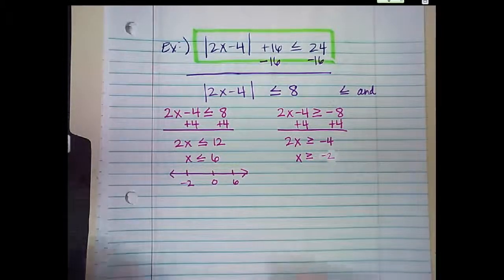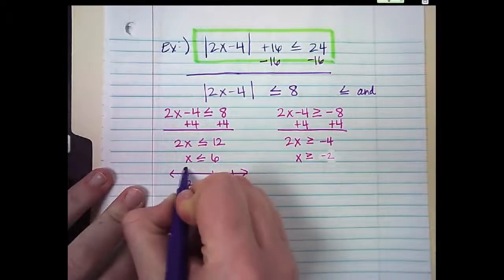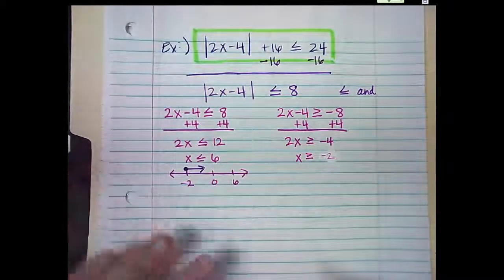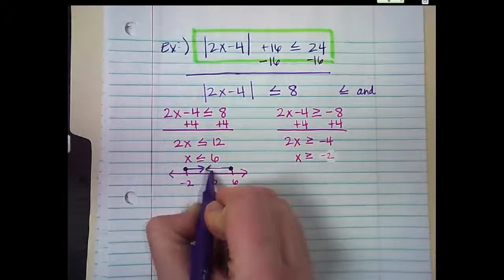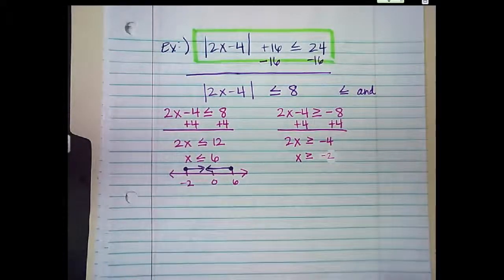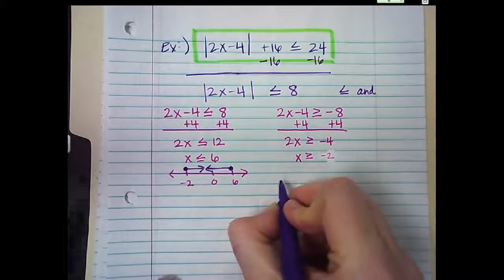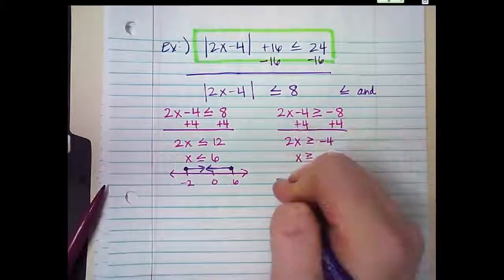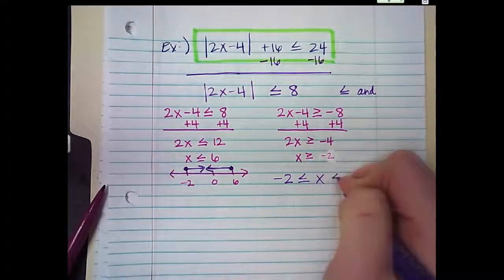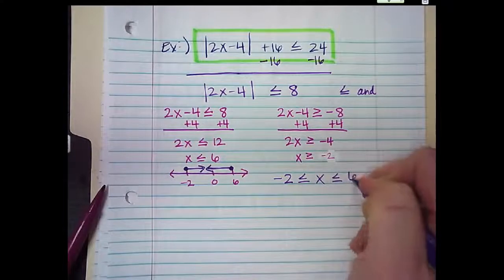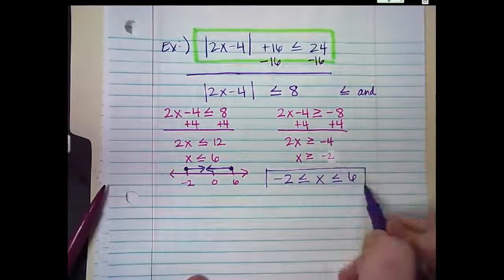So -2 is a closed circle going to the right. 6 is a closed circle going to the left, and so then they meet in the middle. Yeah, you could definitely draw one solid line. If you see that, oh, I know it's going to go this way, one solid line is fine. And then, of course, our answer, instead of leaving it like this, we put it together. -2 is less than or equal to x, and x is less than or equal to 6. Put it all together.